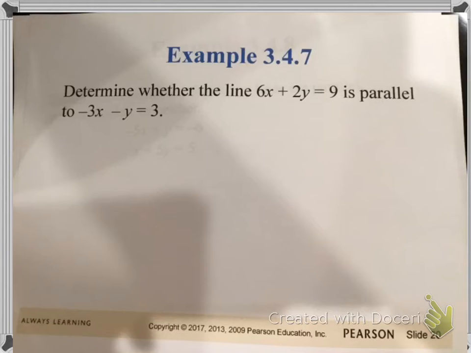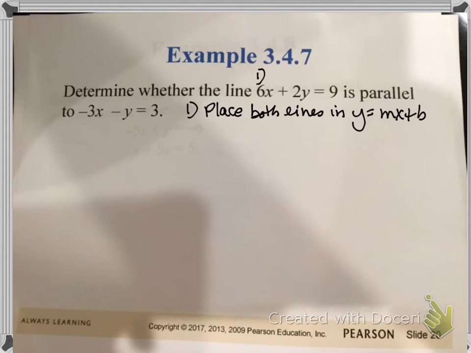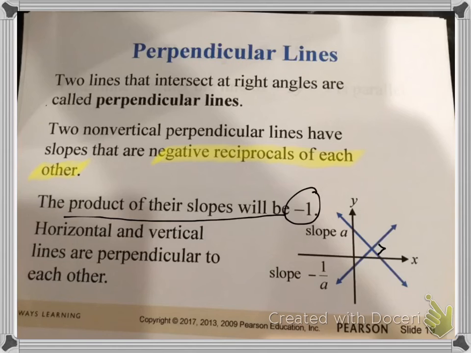So here's an example. Determine whether the line 6x plus 2y equals 9 is parallel to -3x minus y equals 3. All right, what you have to do is place both lines in y equals mx plus b form. So I'm going to call this line number 1 and line number 2.